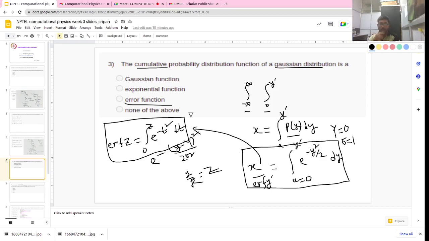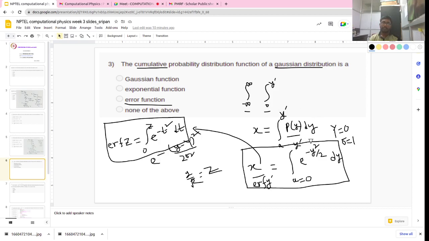No, for a Gaussian distribution, if you need to equate the integration to be 1, then you would have this limit to be minus infinity to plus infinity. If you have finite limits, the integration cannot be 1.